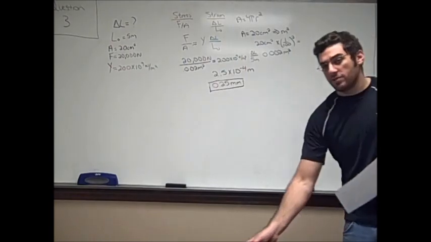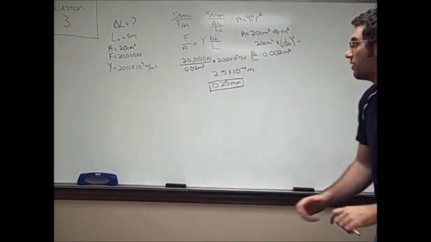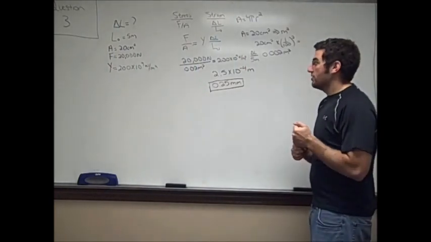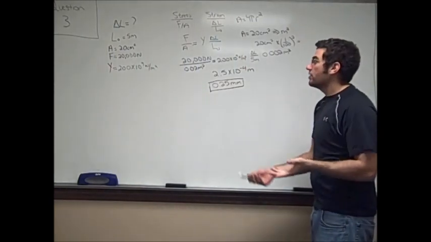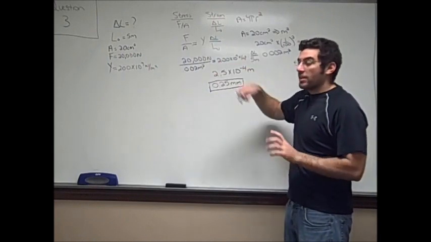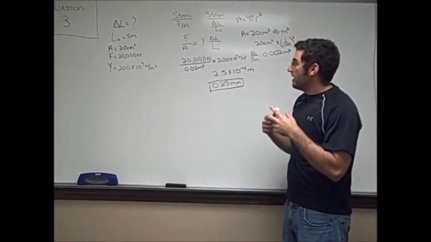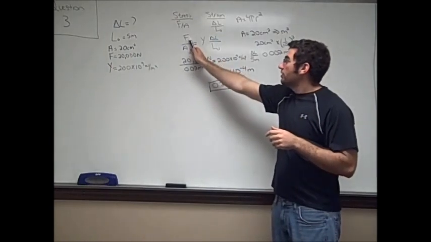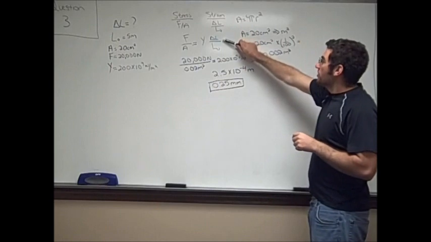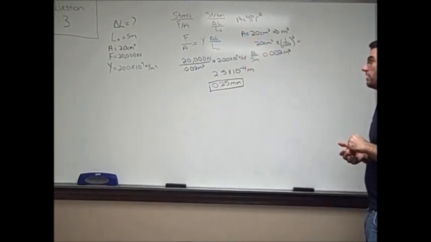So your thought process when you're going through a Young's modulus or a bulk modulus question is, first look, maybe he's just asking you for the stress and he's giving you everything extra like Young's modulus and the original length. Well, if he just asked for the stress of the object, all you do is force divided by the area. If he's just asking for the strain, you just do the change in length over the original length.